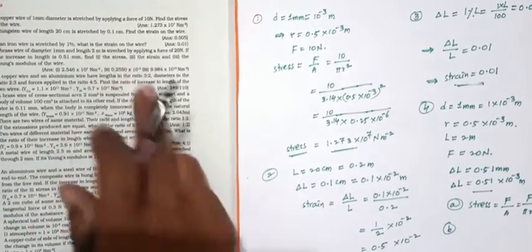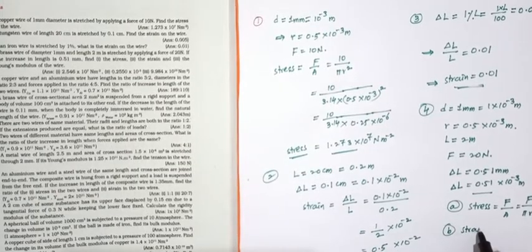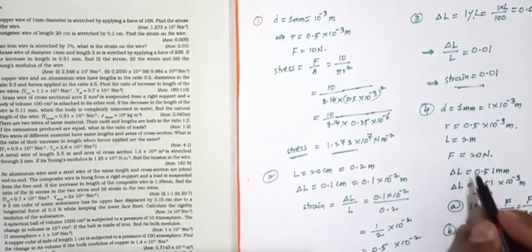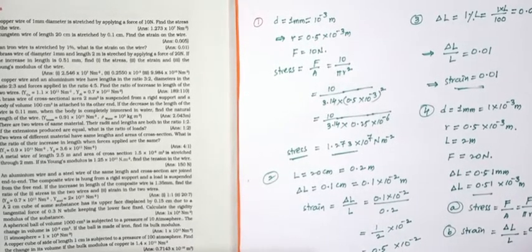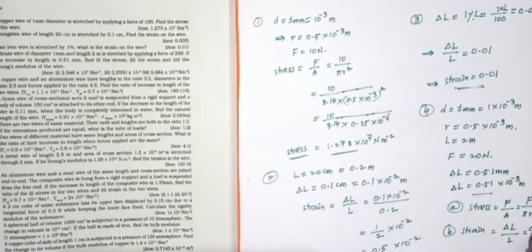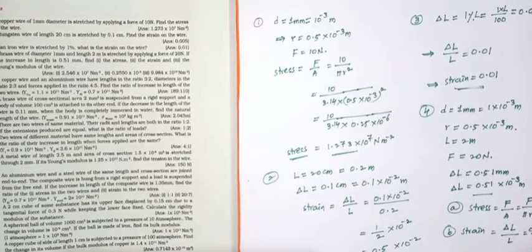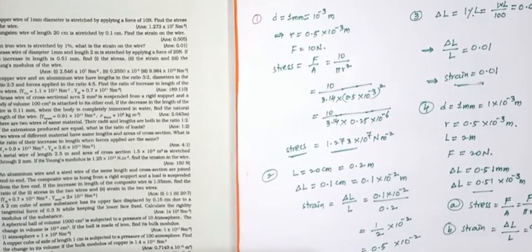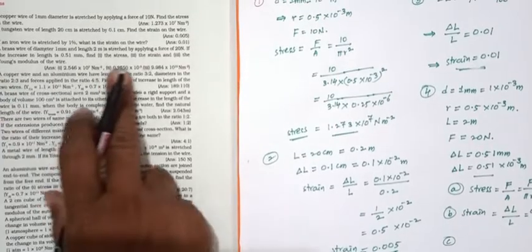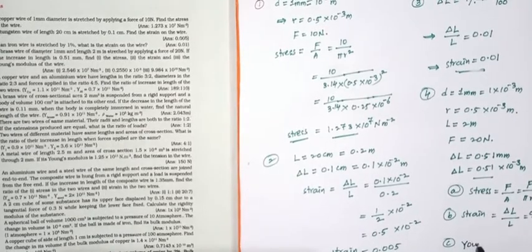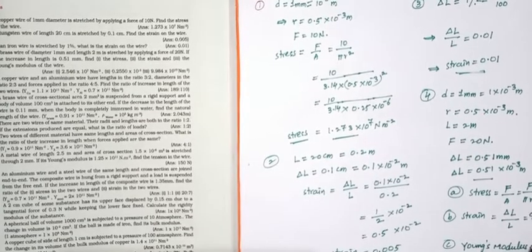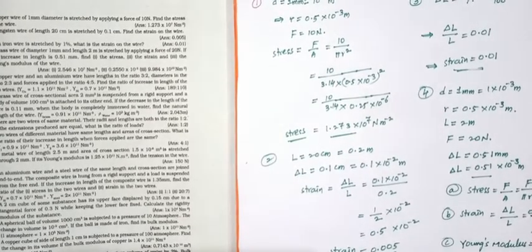B, strain. Strain is nothing but delta L by L. So what is delta L? 0.51 into 10 to the power of minus 3 divided by L equals 2. So we can calculate the strain. And C is the Young's modulus of the wire. Young's modulus, what is the equation?